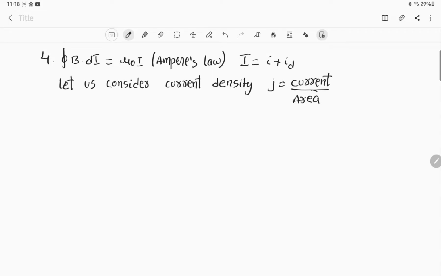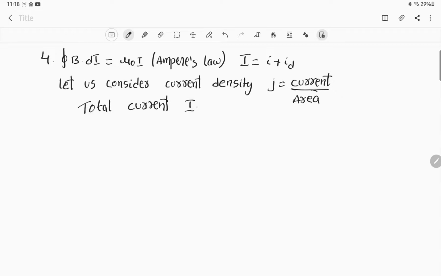Now we need to get the total current, as you have seen, this is I, where I is equal to small i plus I_D. Since you are deriving an expression with the help of mathematics, we need to consider this total current in mathematical form.